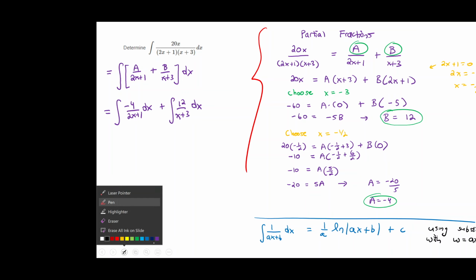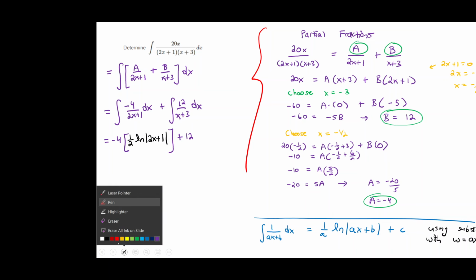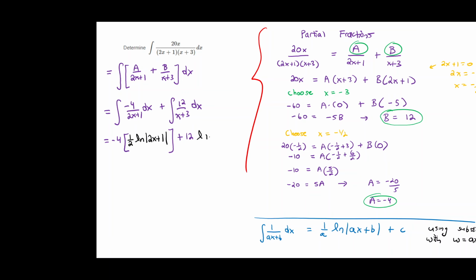So quoting that result, we'll have negative 4 times the antiderivative of 1 over 2x plus 1. So 1 over 2, 1 over a, times log and absolute value of 2x plus 1. Plus, there's a plus c, but I have another plus c from this one, plus 12 times log and absolute value of x plus 3.